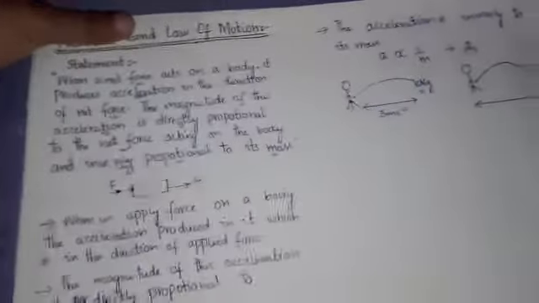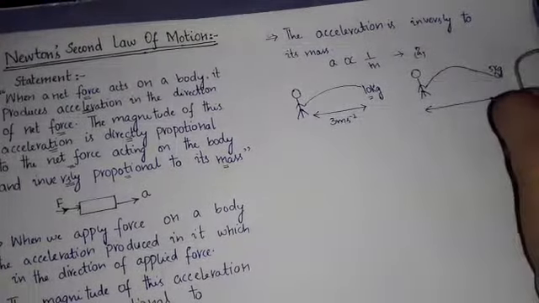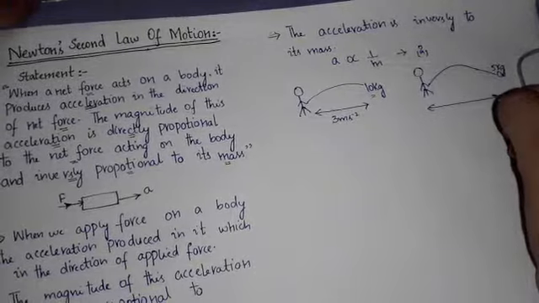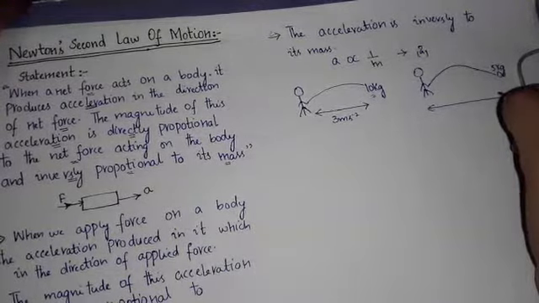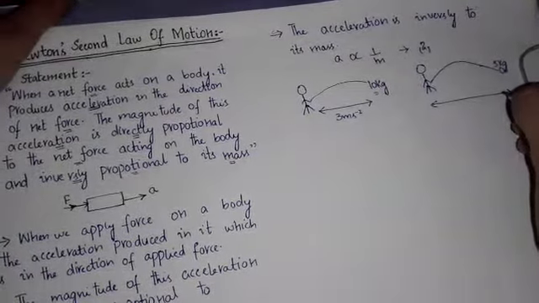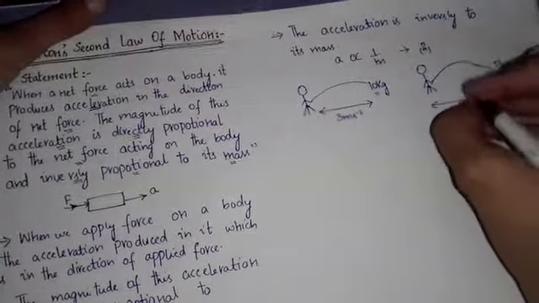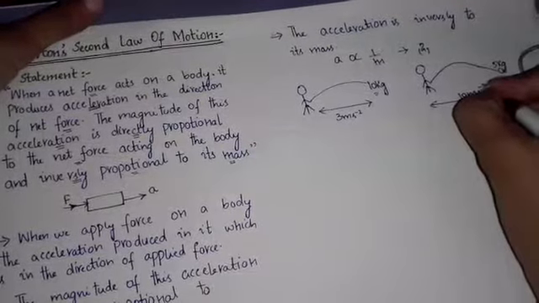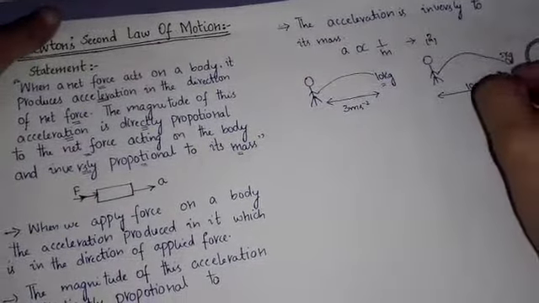This is also what we have read in our previous topic, inertia, that it is easy to move lighter bodies as compared to heavier ones. So let's say it has the acceleration 10 meters per second square.